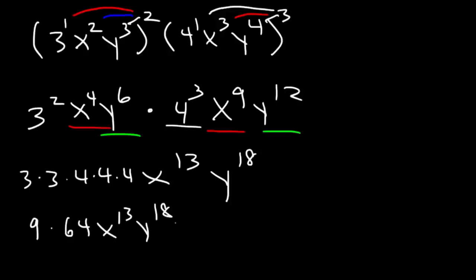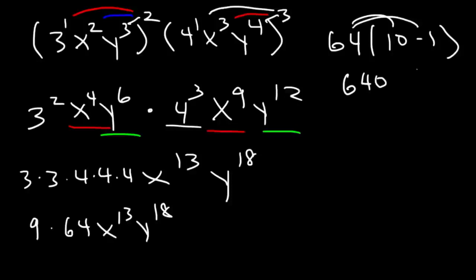If you don't want to use a calculator, here's what you can do. You can multiply 64 by 10 minus 1, because 10 minus 1 is 9. 64 times 10 is 640, and 64 times 1 is 64. Now I'm going to write 64 as 40 and 24, because 40 plus 24 is 64.